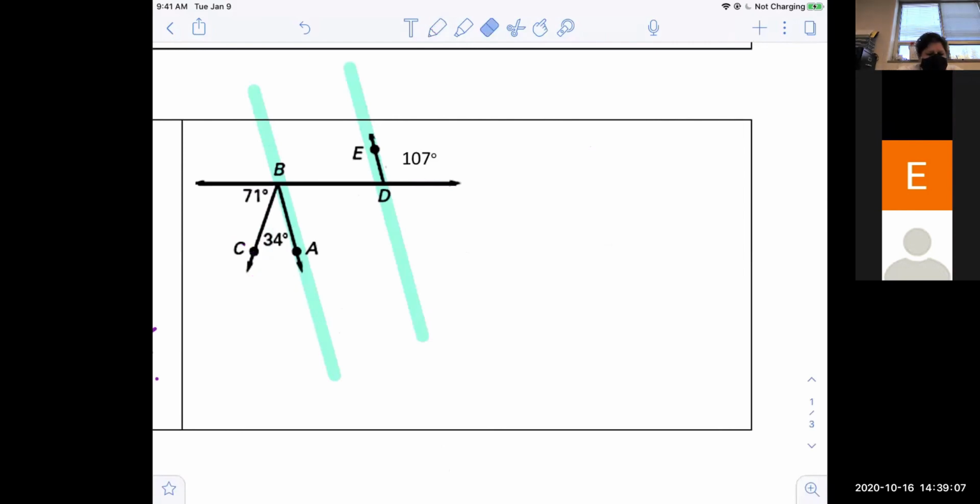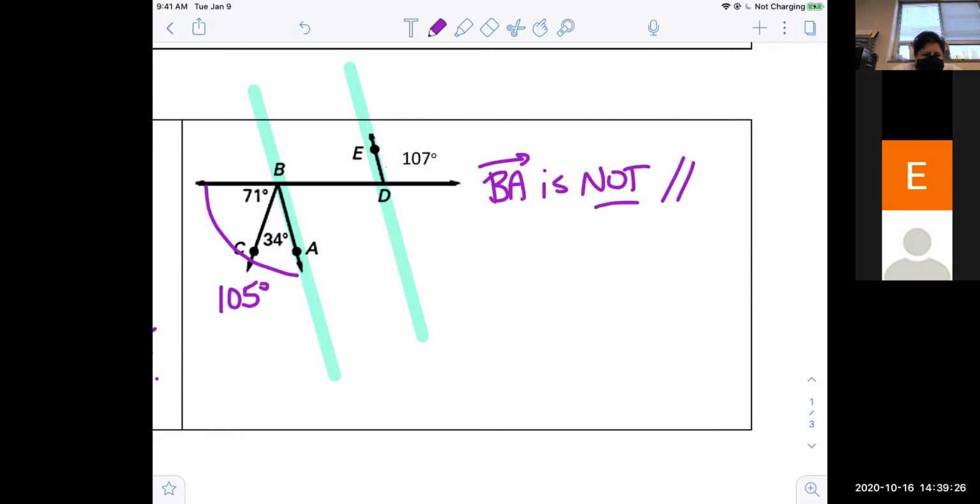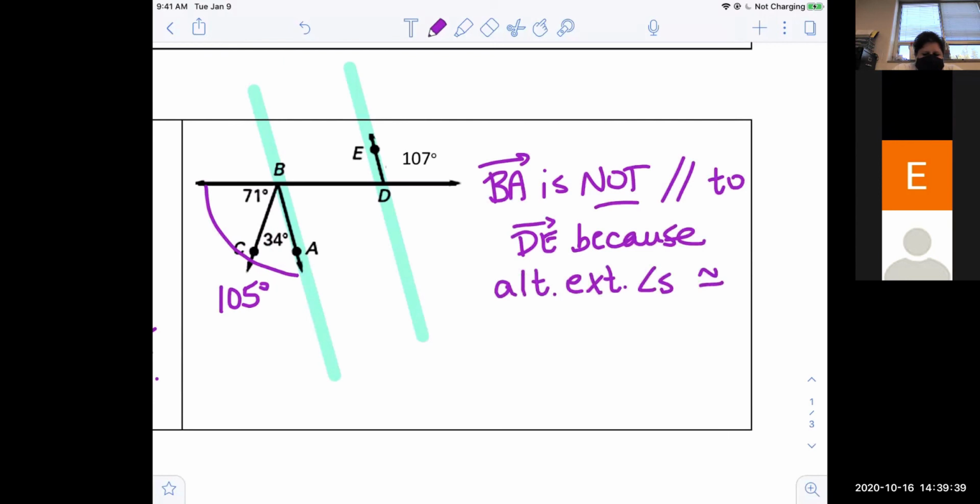Okay, good. So 71 and 34 is giving you 105 degrees. That would be angle addition postulate, right? But ray BA is not parallel to ray DE because the alternate exterior angles are not congruent.